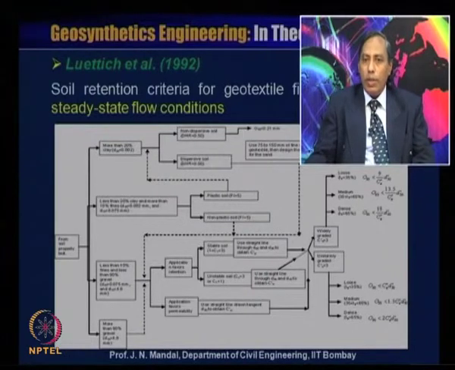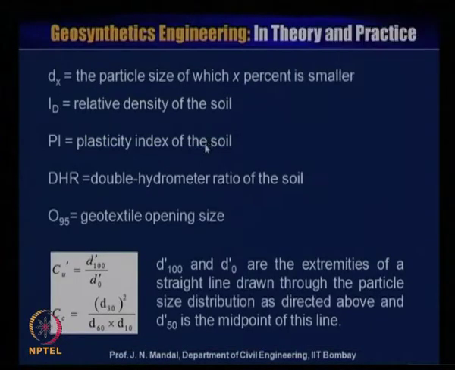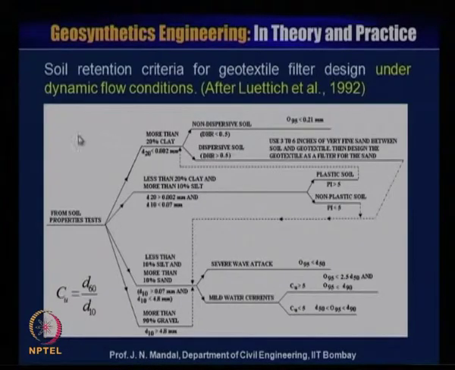So you can adopt this Giroud chart for the steady state flow condition. He also established another curve, and this curve is for dynamic flow condition. You can see he has mentioned the dynamic flow condition. For this dynamic flow condition also you can calculate what will be the O95.